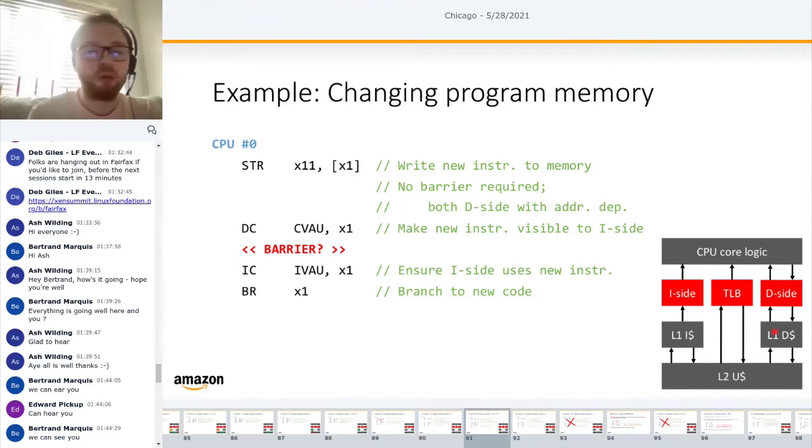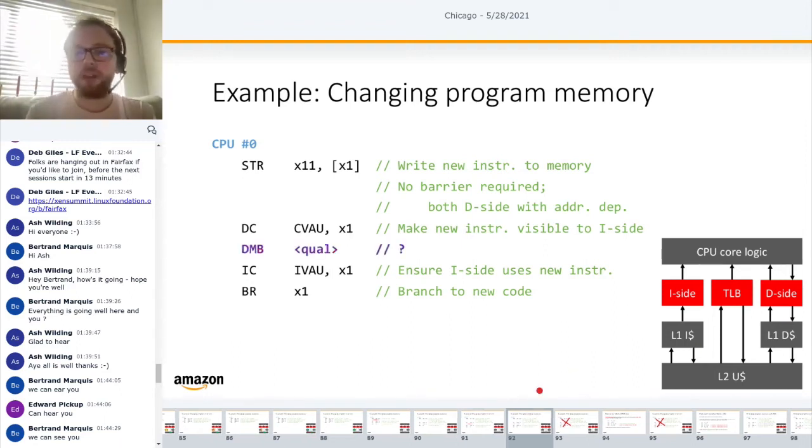And because our green star will still be in the L1 D cache, because the DC CVAU won't have finished yet, I'm actually going to refetch that yellow star that I just invalidated out of the L1 I cache. So that's not good, right? I need to make sure that before that IC IVAU even begins, the L2 unified cache has the correct data, the green star from when we were doing the step through, so that I know the L1 I cache will fetch that instead, in case it decides to speculate.